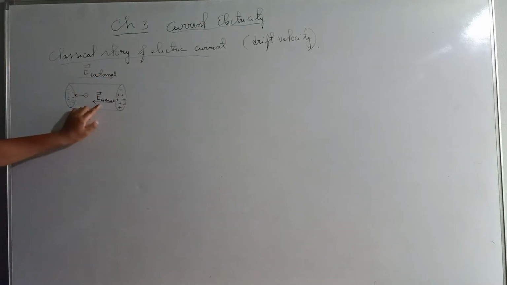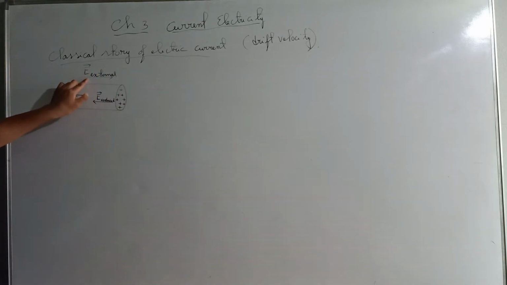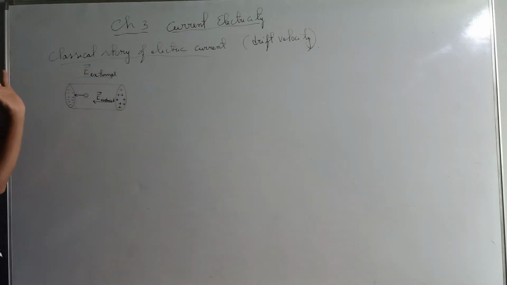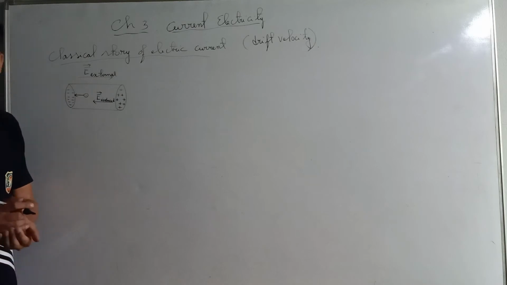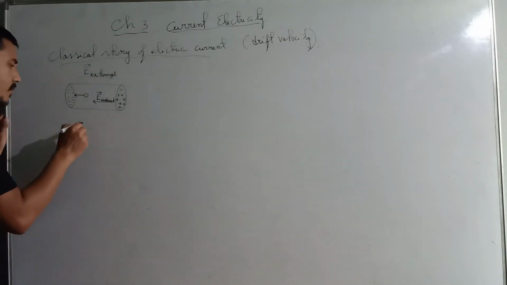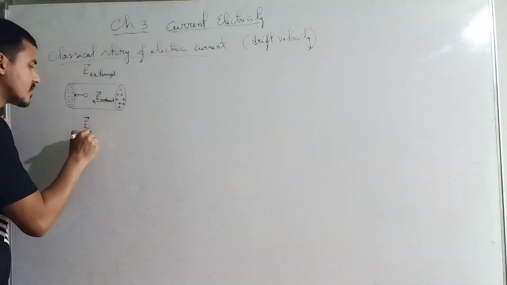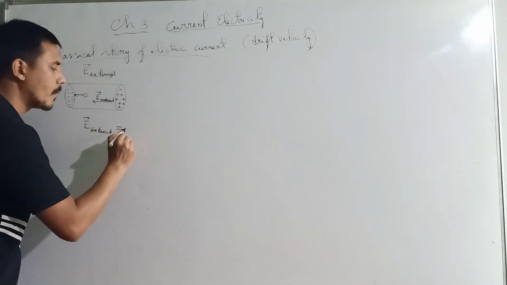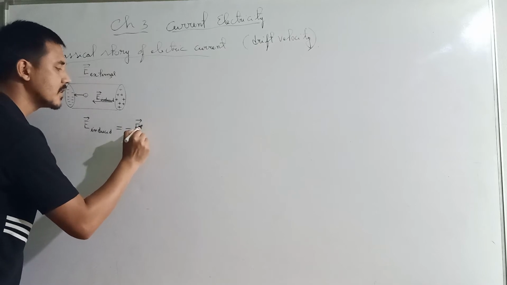That means the induced electric field and external electric field will cancel out each other, and the net electric field inside the conductor will be 0. So E induced will be equal and opposite to the external electric field.